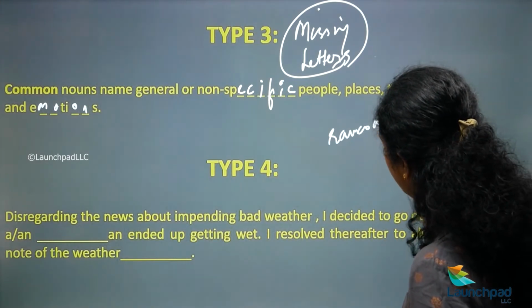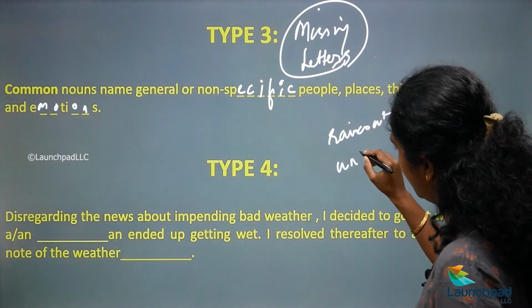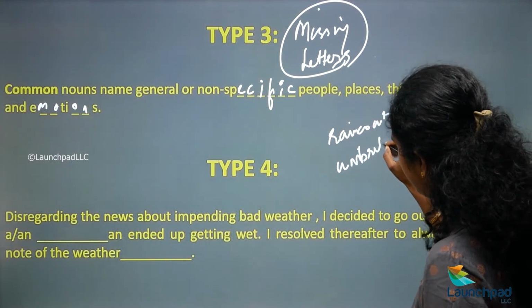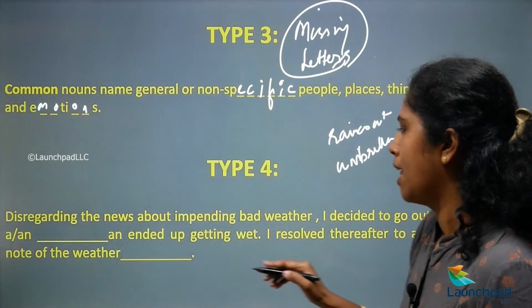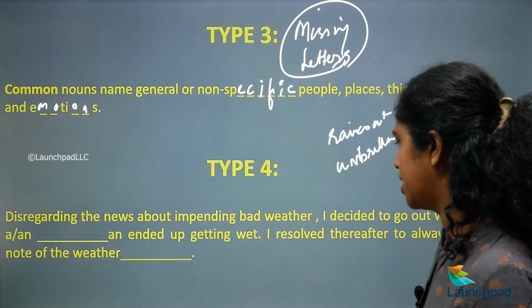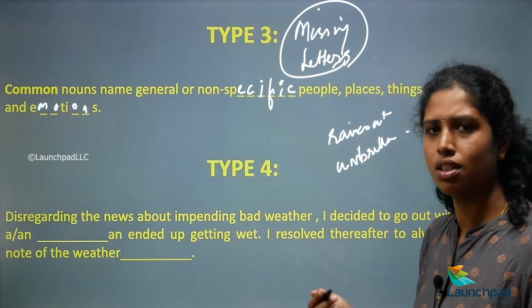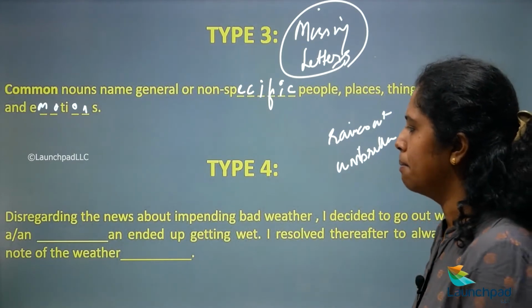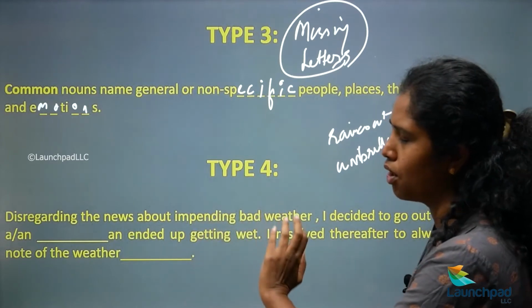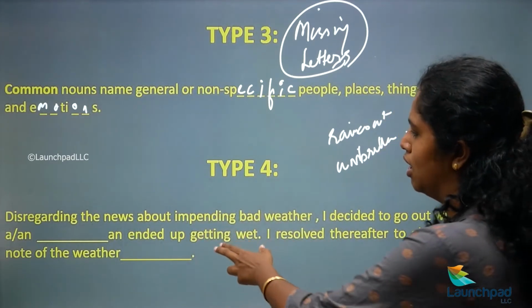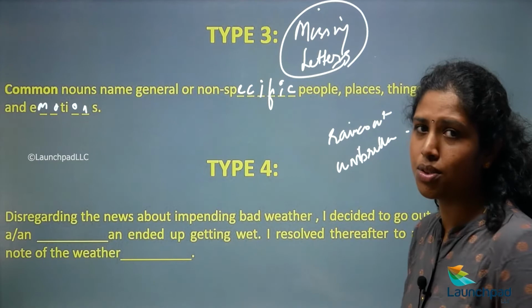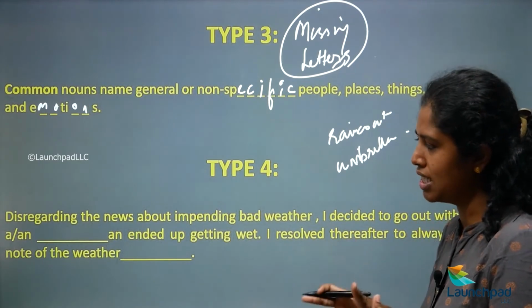You might require a raincoat or you might require an umbrella. Yes? And ended up getting wet. You might even think about without a vehicle or a car or something. But if you're in the car or in the vehicle, you might not have got wet.